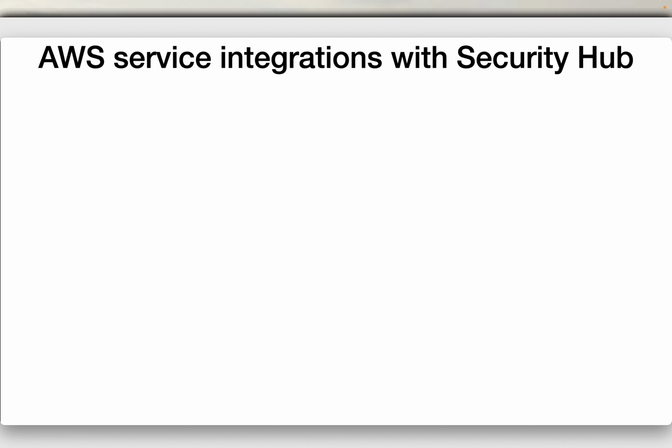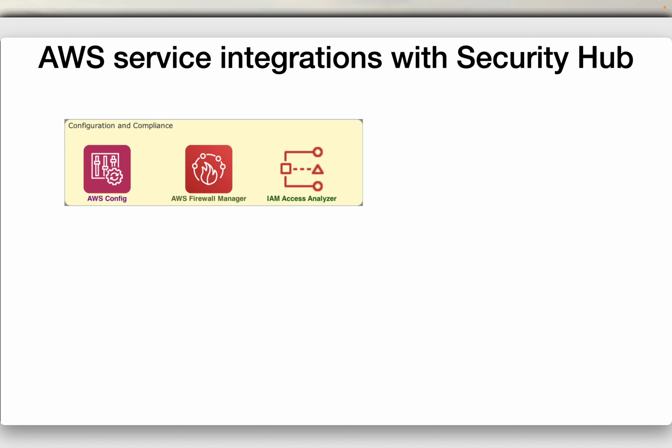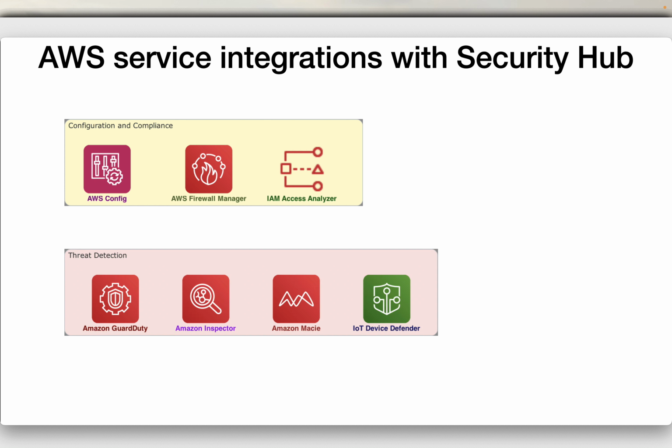Okay, AWS service integrations with Security Hub. So let's see all the services which are integrated with Security Hub. First, under configuration and compliance, you have AWS Config, AWS Firewall Manager, and IAM Access Analyzer. Under threat detection, you have Amazon GuardDuty, Amazon Inspector, Amazon Macie, and IoT Device Defender.